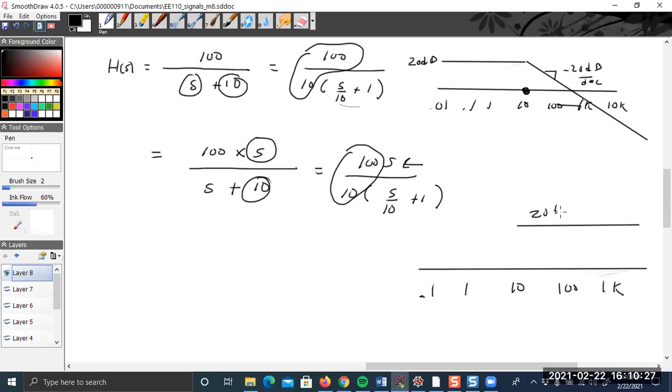So now it's 20 dB. Oops. And I have a 20 dB per decade slope going up. And what can happen is people will do this kind of thing.